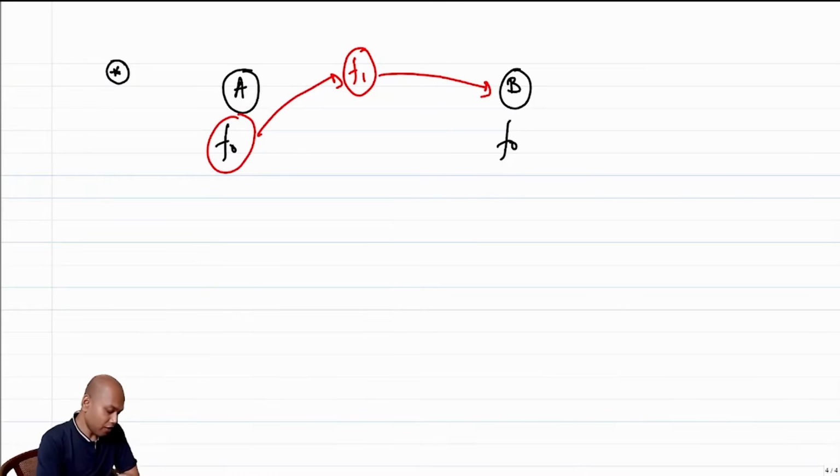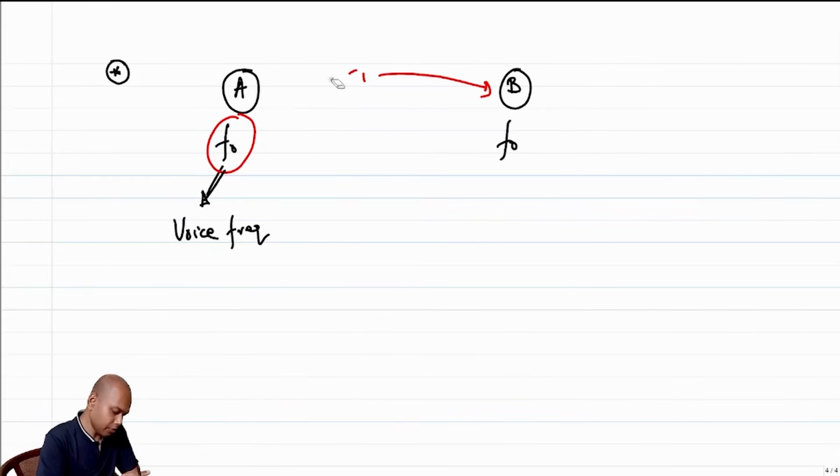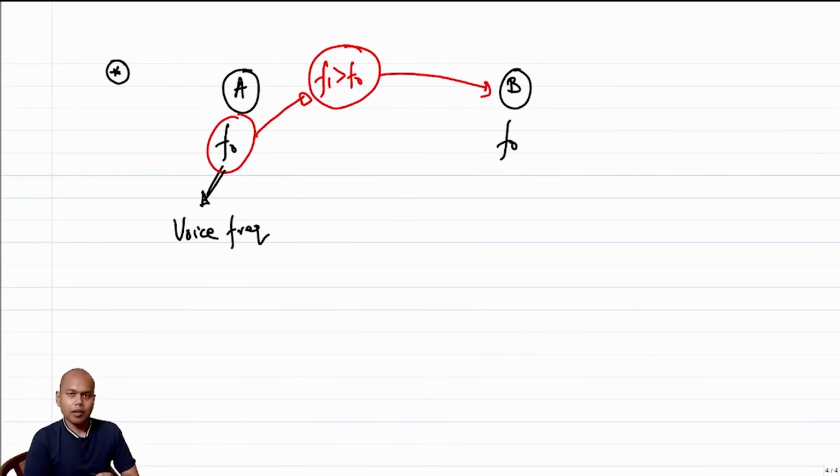So this f naught is probably voice frequency. This f1 is a different frequency, right? Let's assume for the time being that f1 is greater than f0. But B has an eardrum which can listen to only f0.